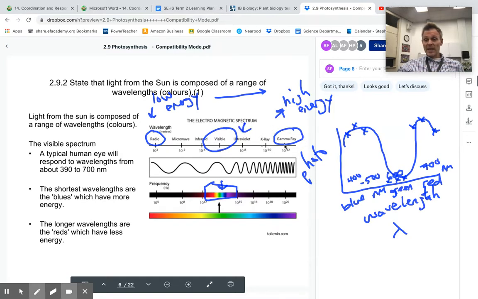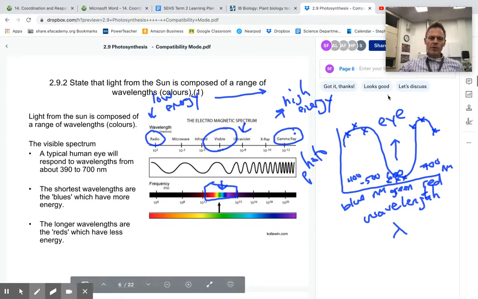Luckily, these cannot get into our atmosphere, because they rip electrons off atoms, and that would be bad. The reason we see leaves as green is that green is not absorbed by the pigments, it's reflected back into our eye, and we see it as green.